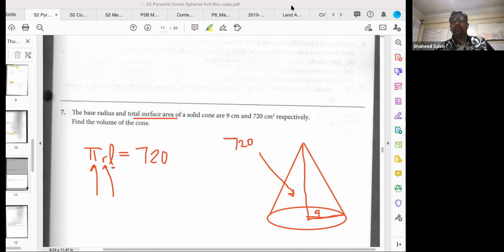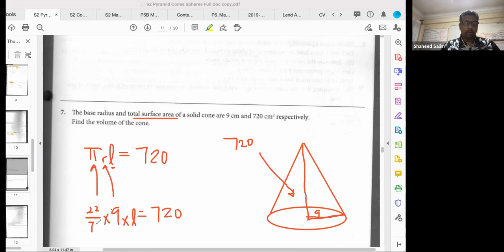So what you do, you have to substitute the values. 22/7, that is pi, times R. R is 9, right? They tell you 9. L, you don't have the L, so you leave the L down here, equal to 720. So now you see how to play seesaw. Okay, I write it down properly. 22 times 9, how much? 198.